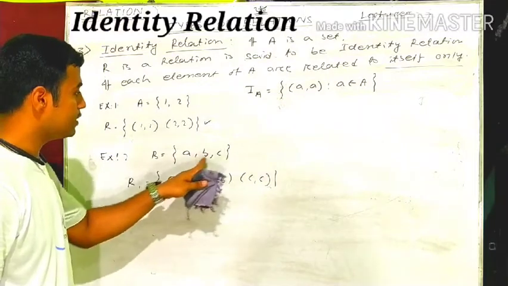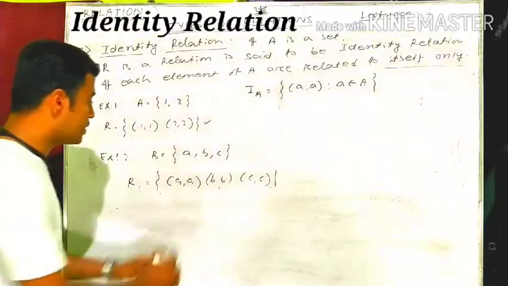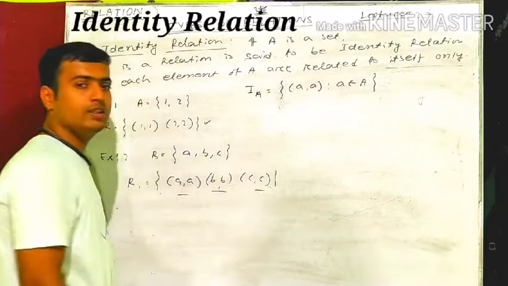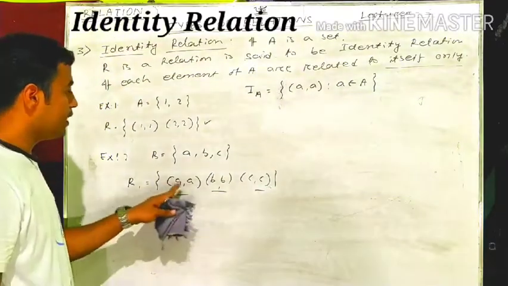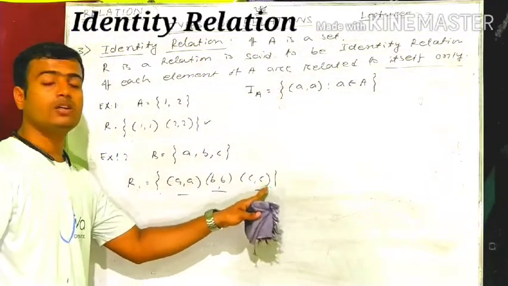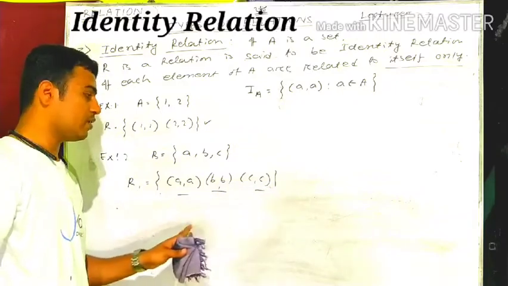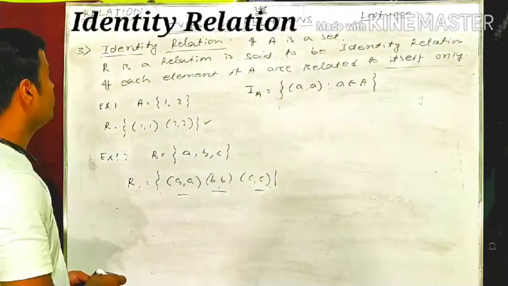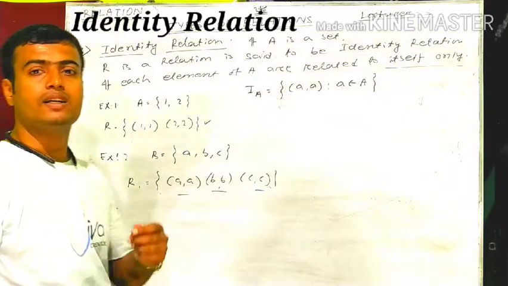In the first example, 2 ordered pairs are here because the number of elements of A is 2. Here the number of elements is 3, so the total number of ordered pairs is 3. Here only a related to a, b related to b, c related to c, and no other ordered pairs. So this relation is called identity relation.